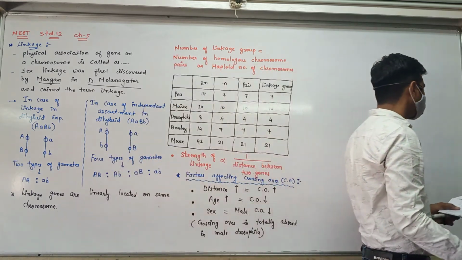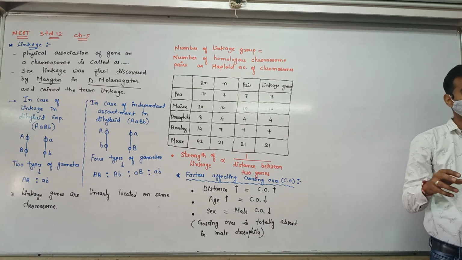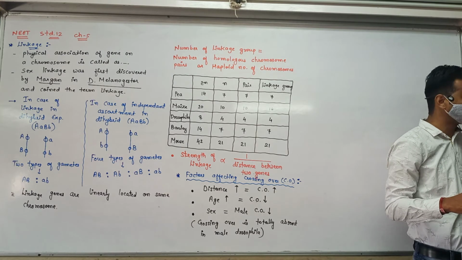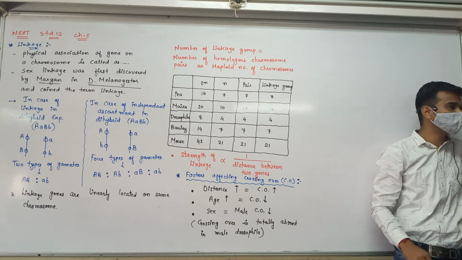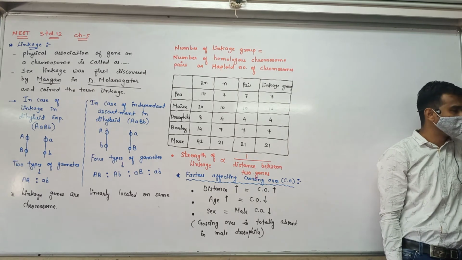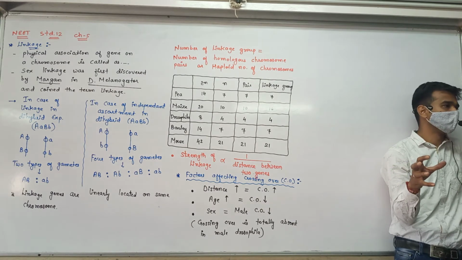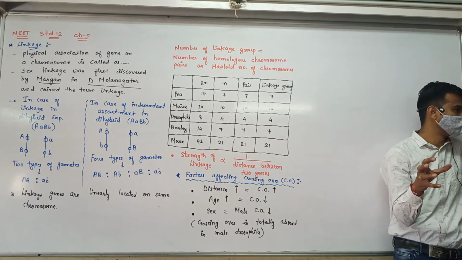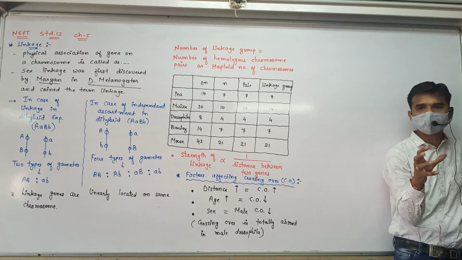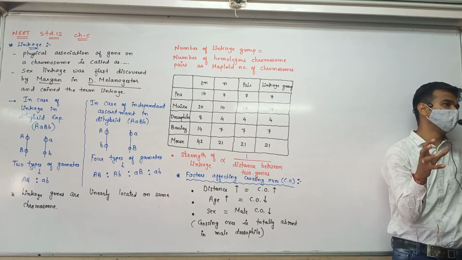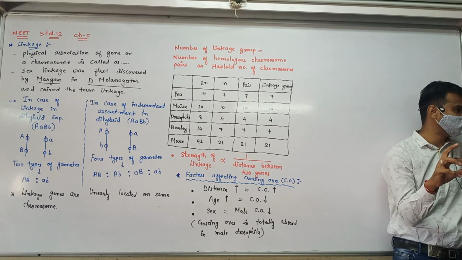That's why, at the time of the topic linkage and recombination in Drosophila, I had told you, you know that the lifespan of the Drosophila is 2 weeks, or 14 days. Female Drosophila is a little bit larger than the male.